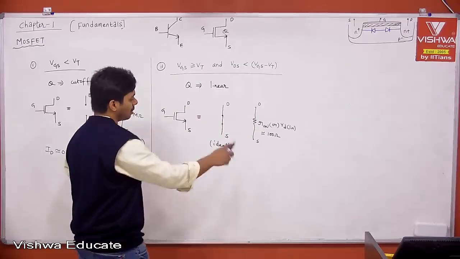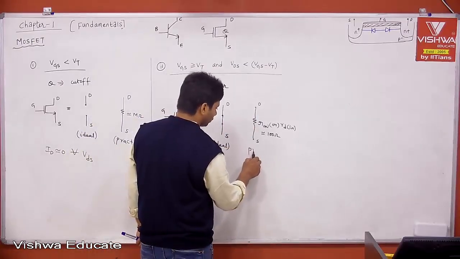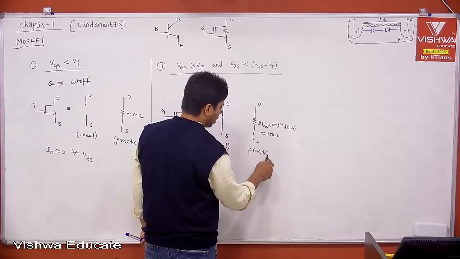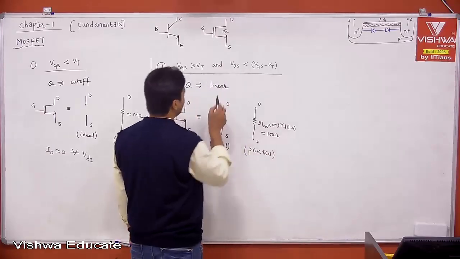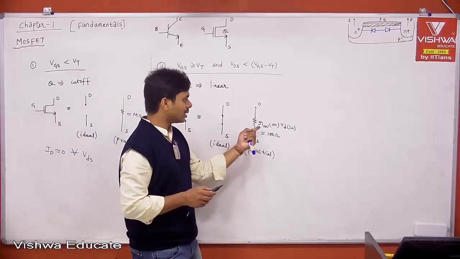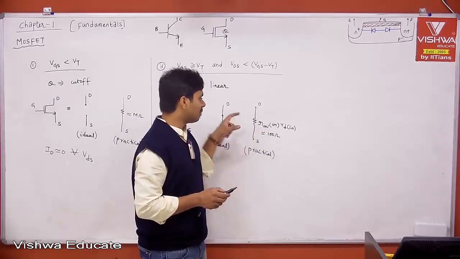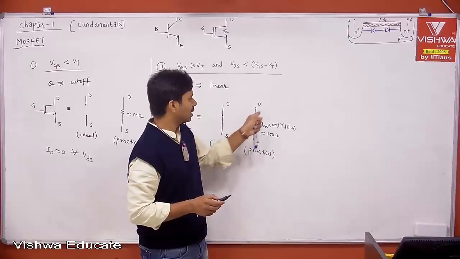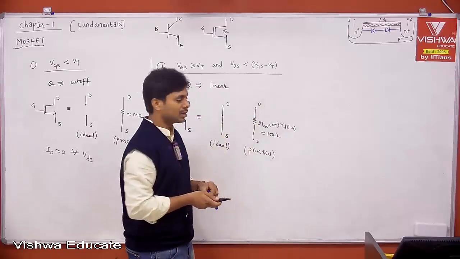Okay. This is what is the practical model if the MOSFET is in linear region. Why is it called linear region? Because it is a resistor. If it is a resistor, then when you apply voltage VDS, the current will increase linearly. That's why linear region.